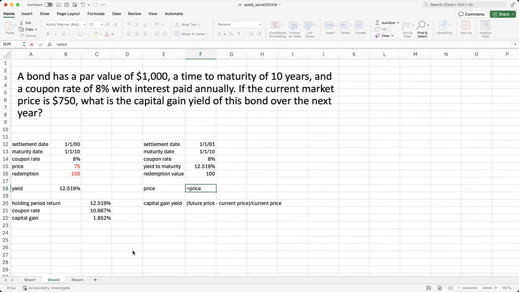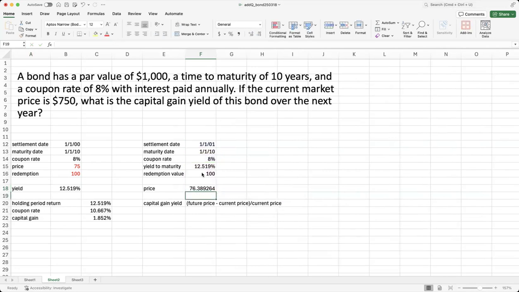So the price of the bond can be calculated using an Excel function called price. Then you start the parentheses with the prompts. First, you put in settlement, comma, then maturity date, comma, coupon rate, yield, redemption value, finally frequency, 1 per annum.